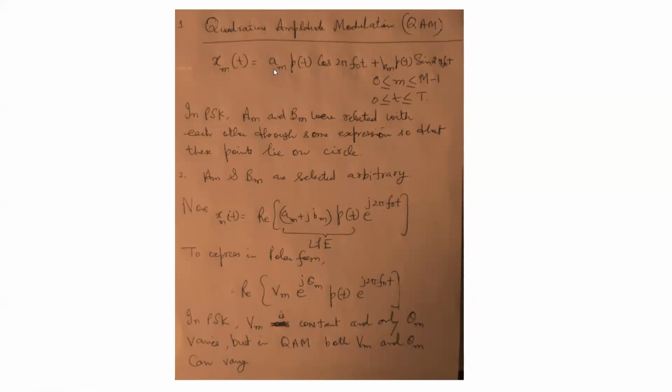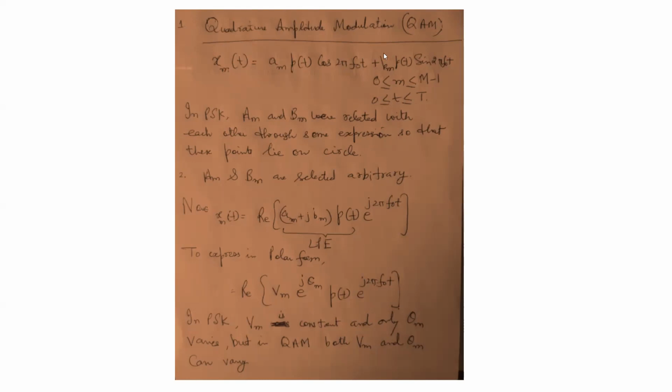Here in PSK there was no A_m and B_m term, I mean there were no amplitudes, only the phase was varying. But here in quadrature amplitude modulation, the variation can come from the amplitude also and the phase also.